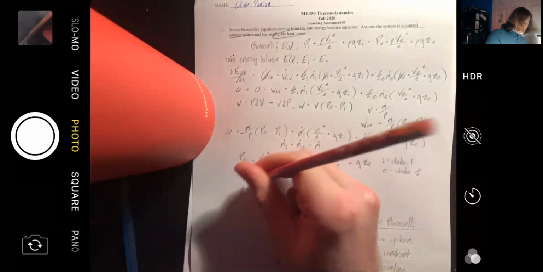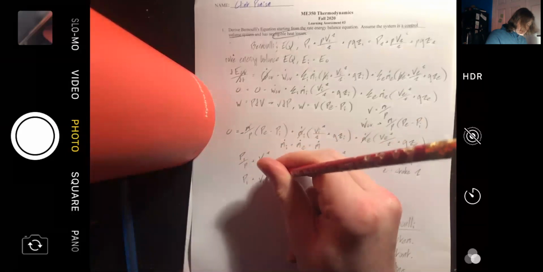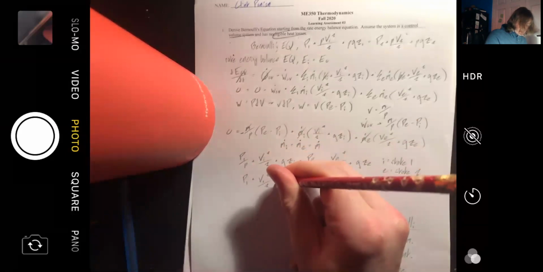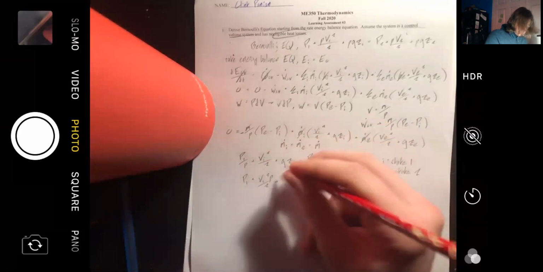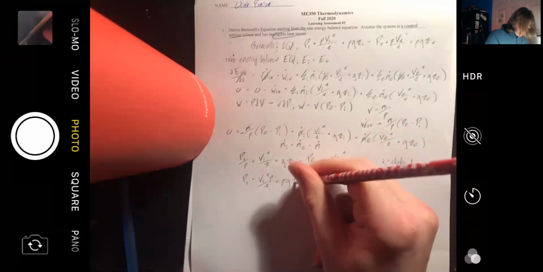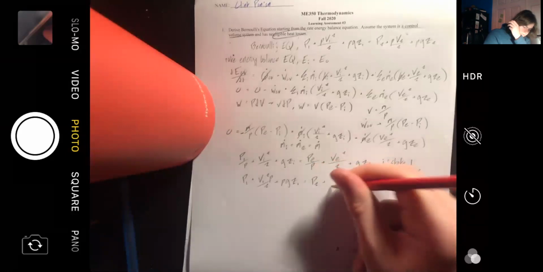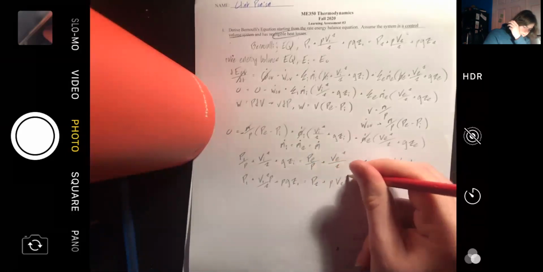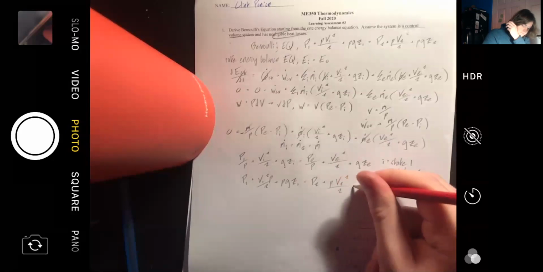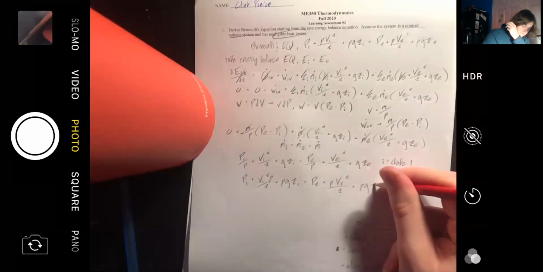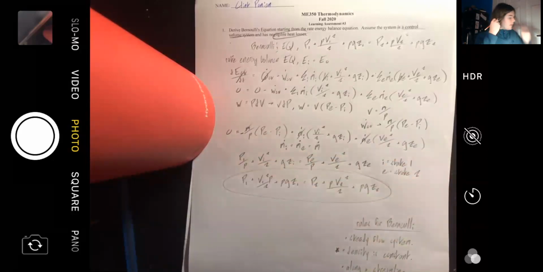So now we have P1 plus rho V1 squared over 2 plus rho g Z1 equal to P2 plus rho V2 squared over 2 plus rho g Z2. And that's how we transform the rate energy balance equation into Bernoulli's.